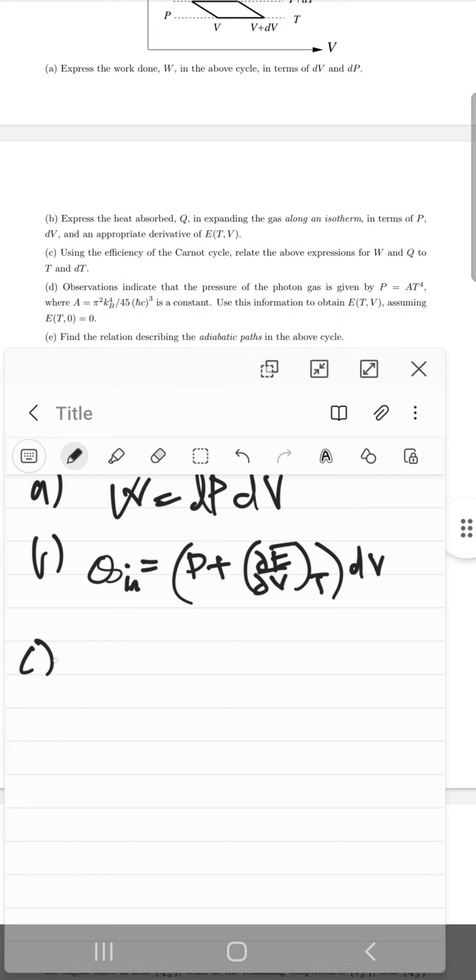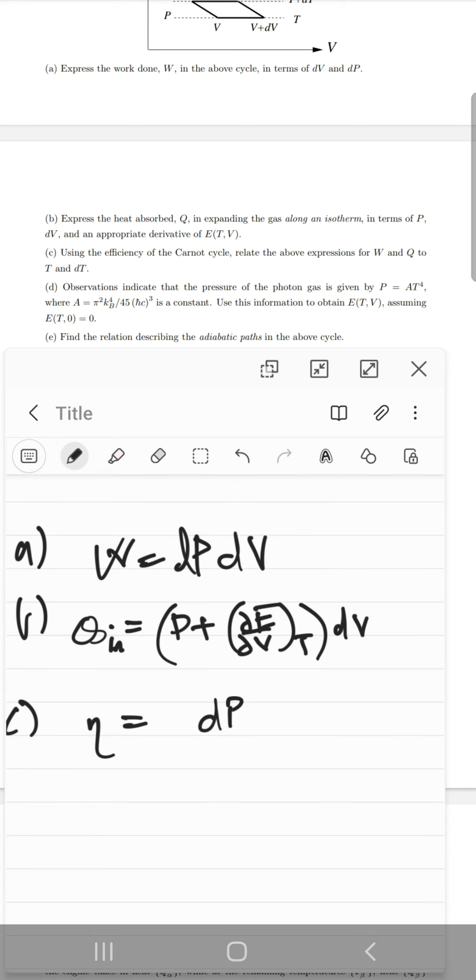Okay, C is using the efficiency of the Carnot cycle, relate the above expression for W and Q to T and dT. Oh, right. Okay. So the work upon Q is just the efficiency. So in this case, it's just dP upon P plus, I'm just going to call this E sub V at constant temperature.